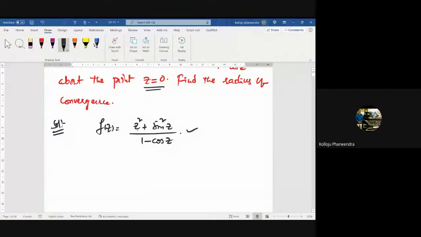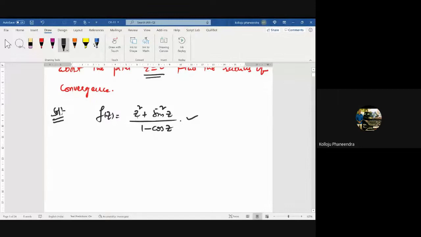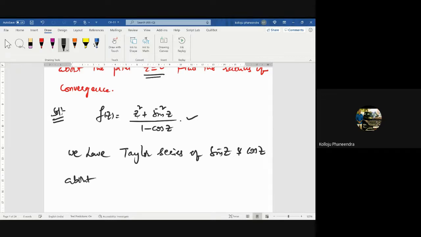Now, see, you know sin x expansion. We have Taylor series of sin z and cosine z about z equal to 0, nothing but Maclaurin series.